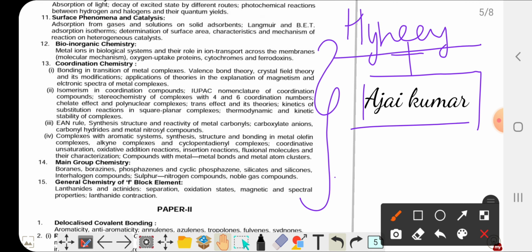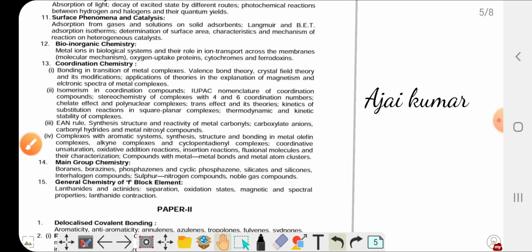You can refer to any of them. These days the questions are very tricky, and they carry much more weightage than in previous years, so I will suggest you refer to Huheey. One more thing: it is not necessary that you follow only the books I have mentioned. You can follow any book which you have already read and which you know has the same topics mentioned in your syllabus.